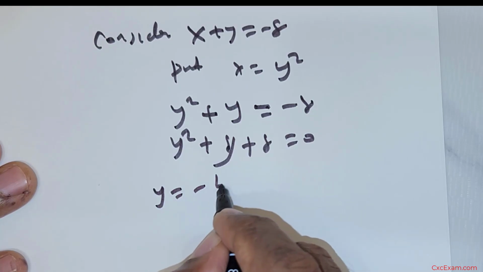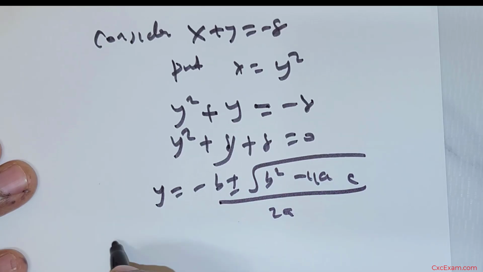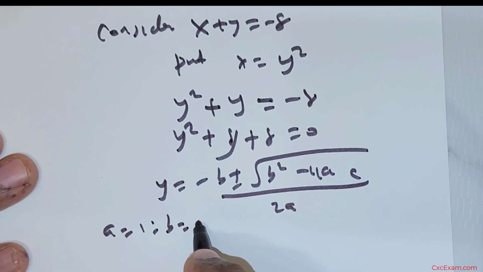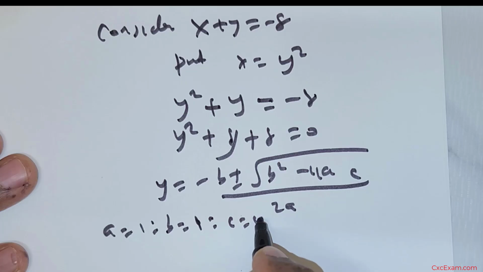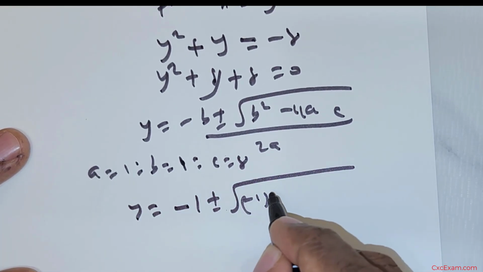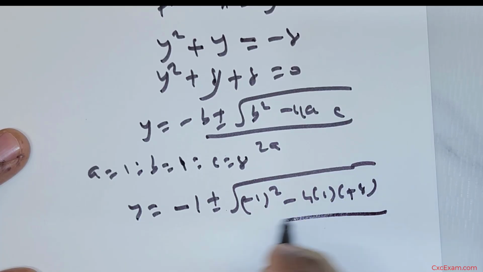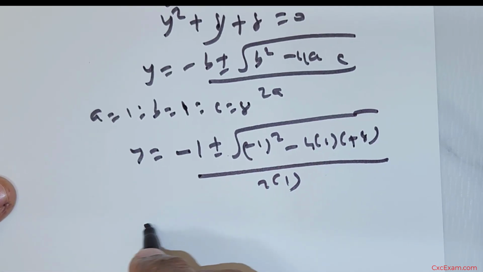Use the quadratic formula, y = (-b ± √(b² - 4ac))/2a. a is 1, b is 1 and c is 8. So y = (-1 ± √(1² - 4·1·8))/(2·1).